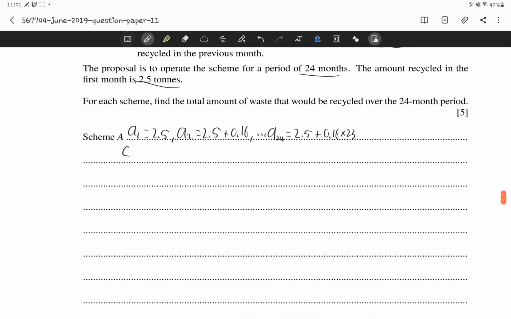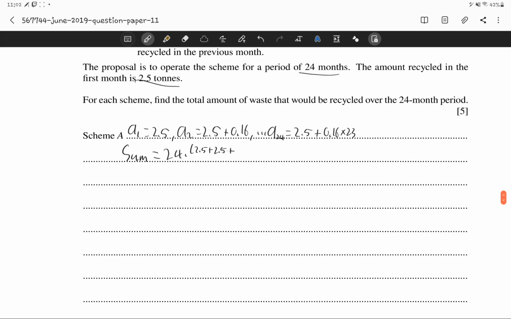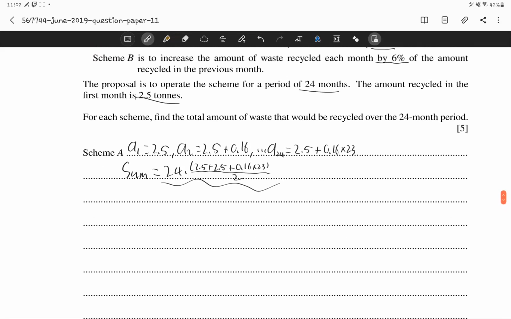And so the sum has to equal 24 times 2.5 plus 2.5 plus 0.16 times 23 divided by 2. Is that right? First one, last one, yeah. Yep, when you calculate this, that's the answer.